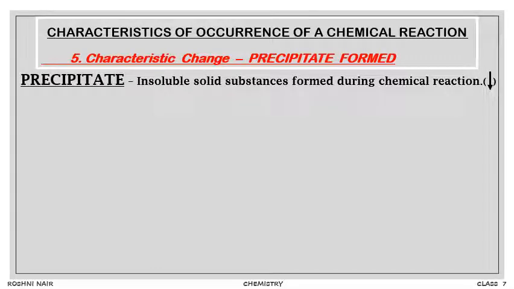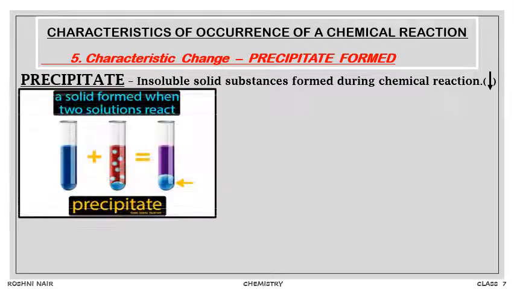So a down pointing arrow. In certain chemical reactions there is an insoluble solid substance formed, known as precipitate, and remember it is formed when two solutions of soluble substances react.